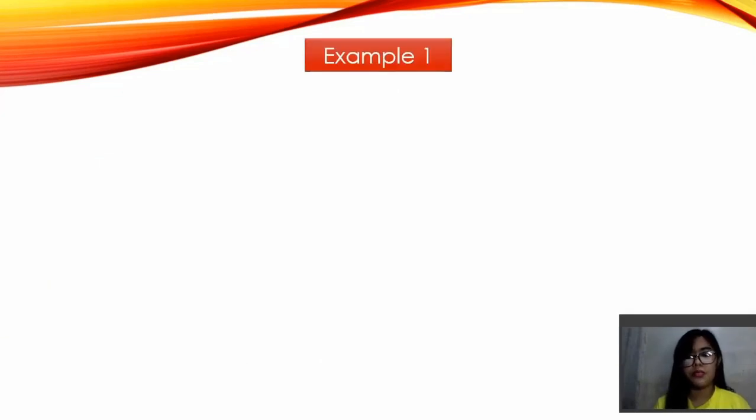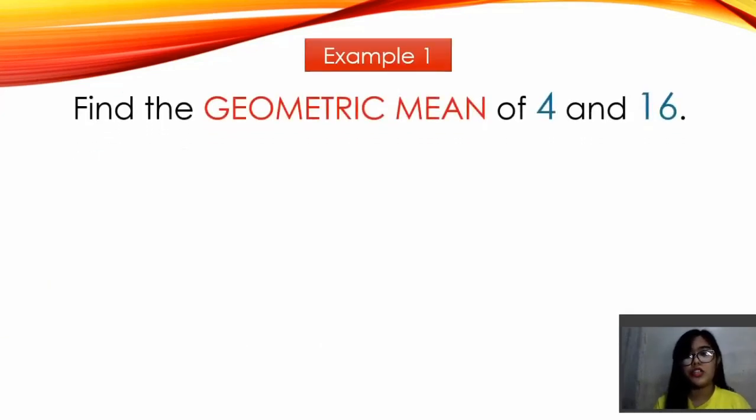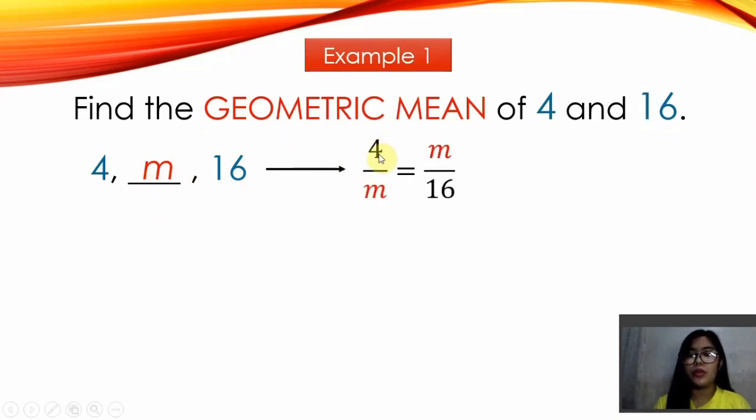So, the first example, find the geometric mean of 4 and 16. So, in this example, we're going to find one geometric mean. So, the sequence will be 4, m, then 16. M is a geometric mean. So, the first step is to make a proportion. So, that will be 4 over m is equal to m over 16.